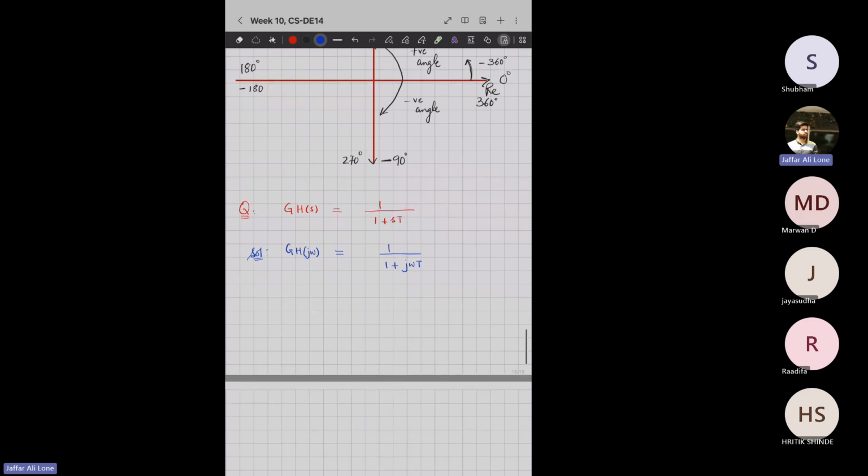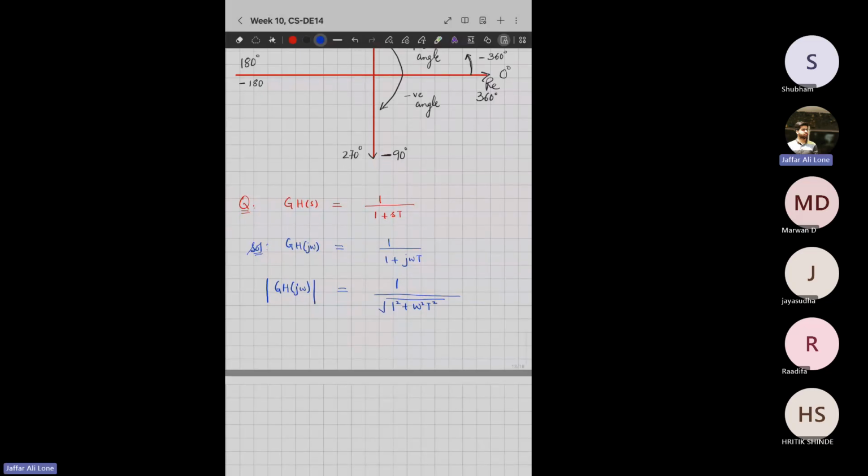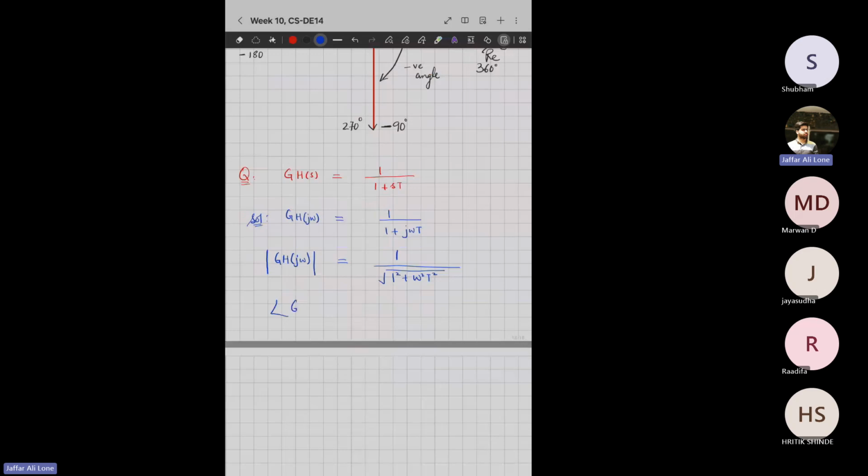What is the magnitude of this? The magnitude is given by 1 divided by the square root of 1 squared plus omega squared T squared. Very simple. The magnitude of any complex number x plus iy is the square root of x squared plus y squared, right? And what is the phase of GH of j omega?